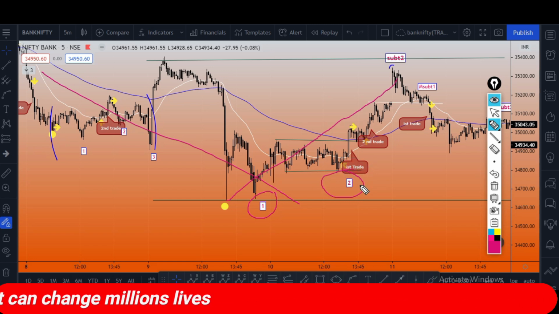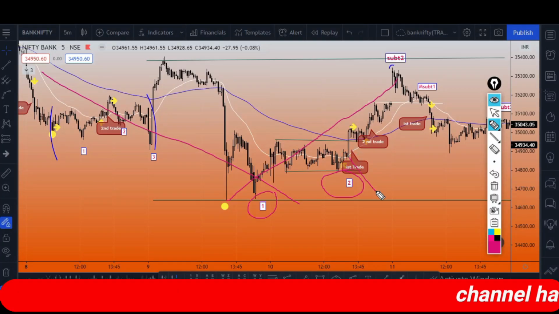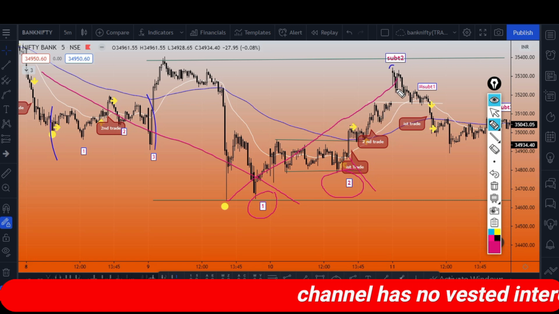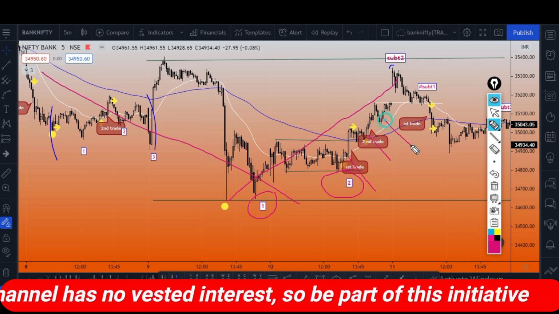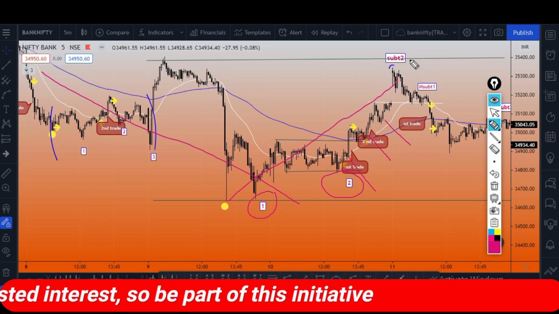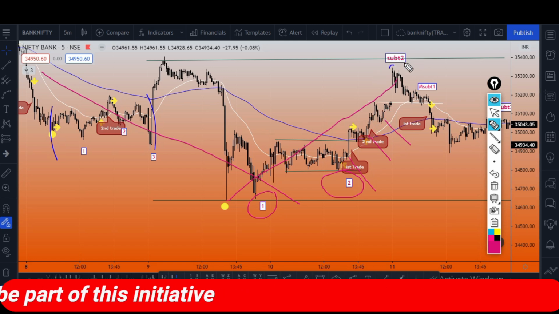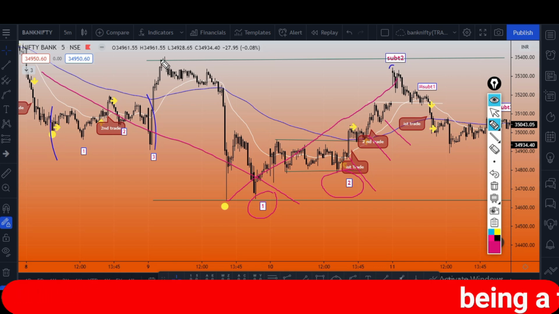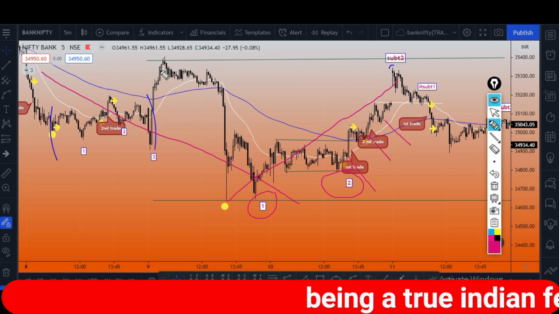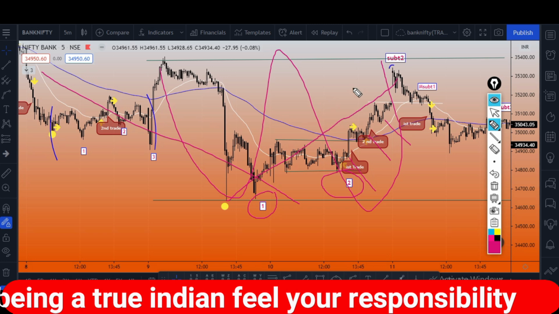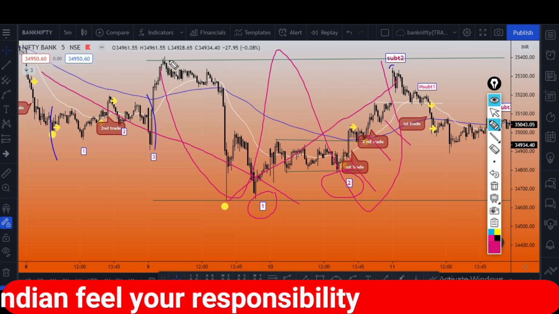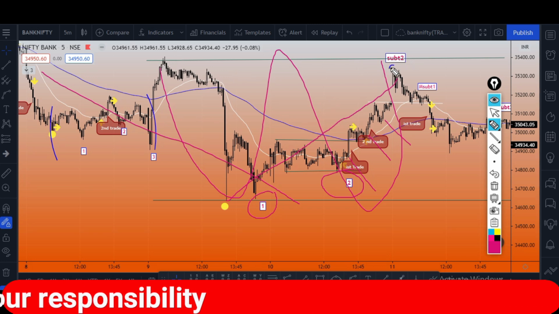After second testing, you see this is the first subtest 1 because price is going into the extension, and this is the subtest 2, this is subtest 3, and cycle completes here. That is why I put subtest 2 at this point. I did not put subtest 2 at this point because this whole movement is in range. I put it at this point.